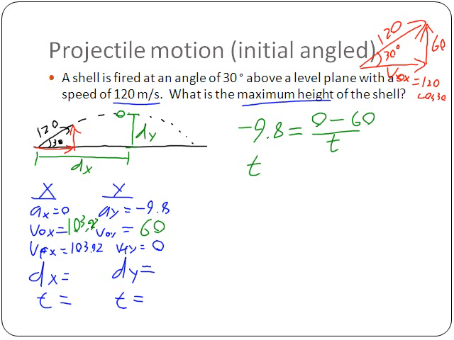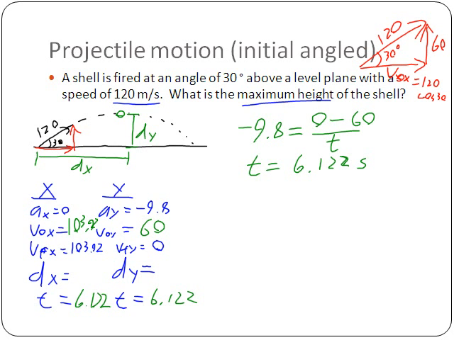Solving for t, that ends up being negative 60 divided by negative 9.8, and so I get 6.122 if I'm doing my math right. So 6.122 seconds to get up to the halfway point.